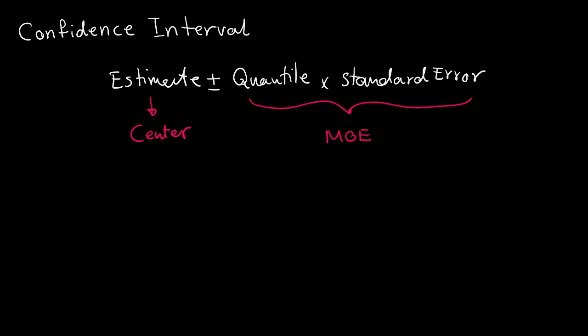So when sigma, or the standard deviation, is known, then for the mean equation, the center is x bar, and the margin of error is z of alpha half times sigma over the square root of n.